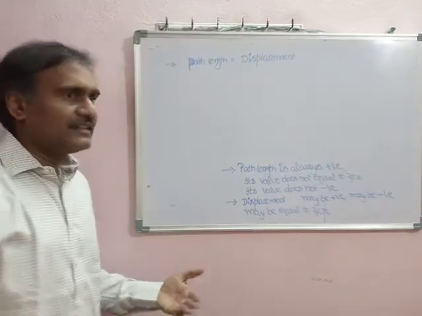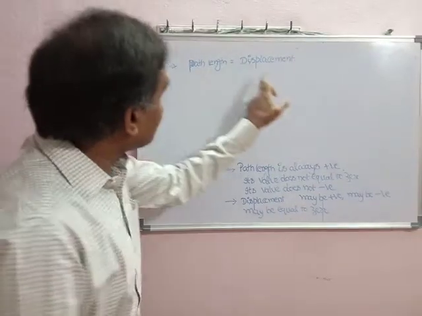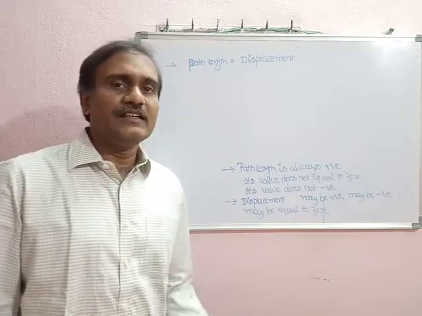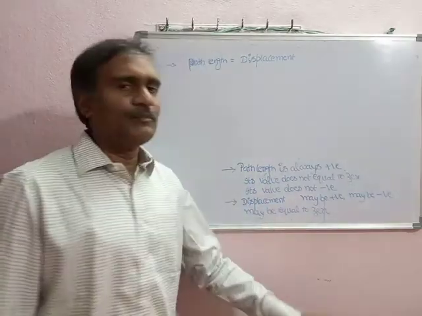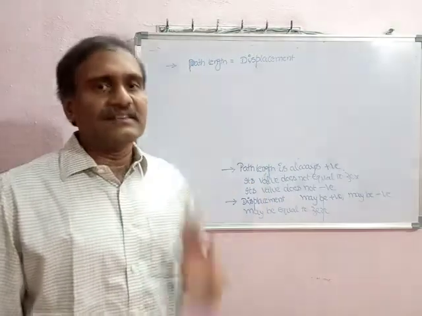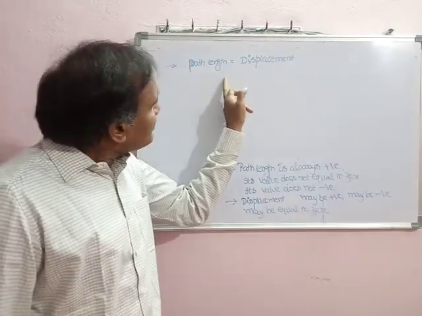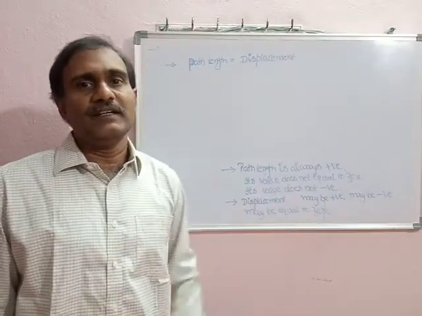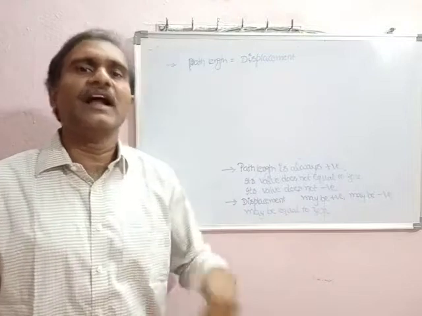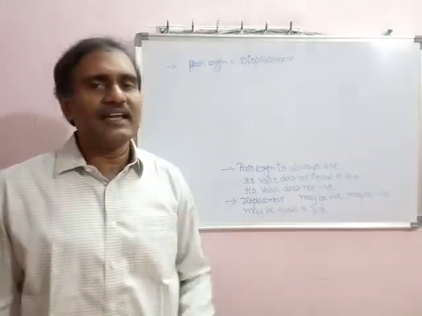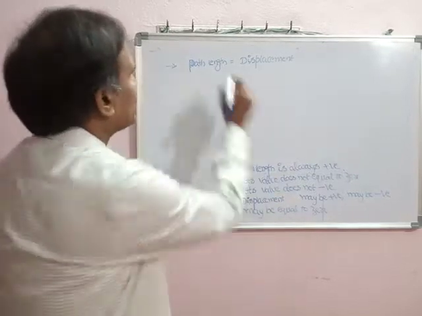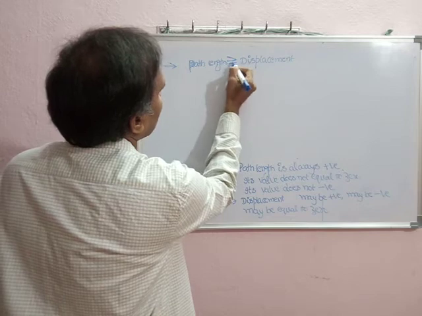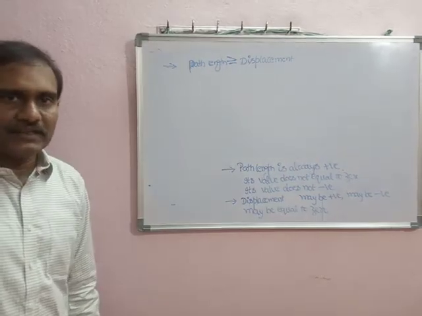In another example, that is in the second example, path length is greater than displacement. In any example that we discussed, path length is always greater than displacement, except in the first example where it is equal. That's why the conclusion is that path length is greater than or equal to displacement.